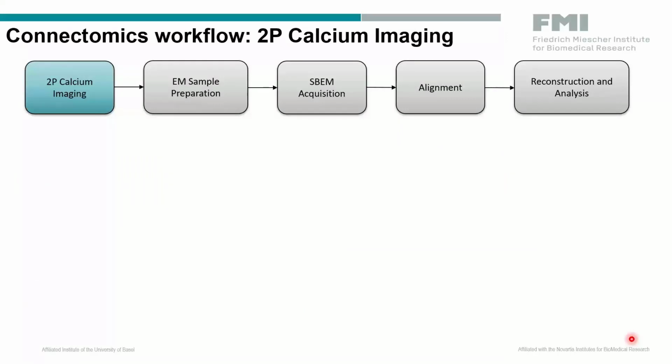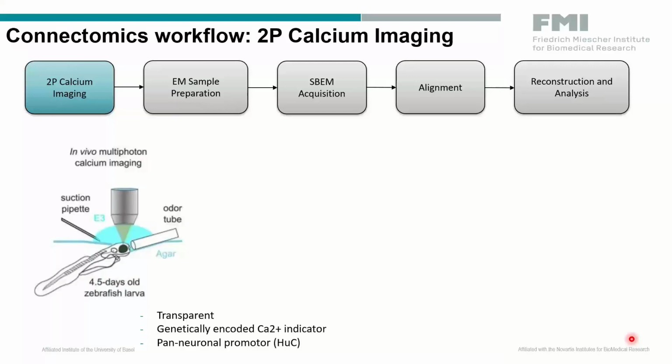To record neuronal activities, they perform 2-photon calcium imaging, and for that, they immobilize the zebrafish larvae in agarose, and they submit the larvae to different odors.